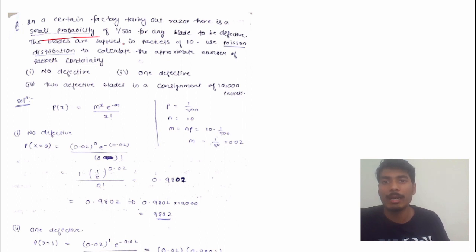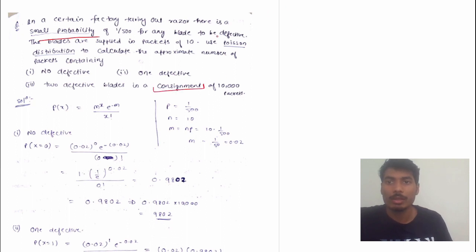Small probability means p, and before I said p is very small. The blades are supplied in packets of 10. Use Poisson distribution to calculate the approximate number of packets containing no defective, one defective, and two defective blades in a consignment of 10,000 packets.